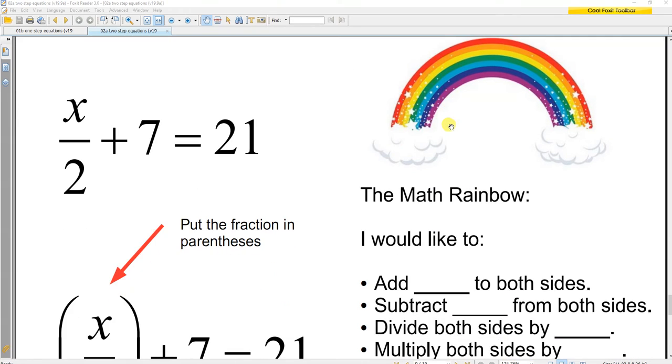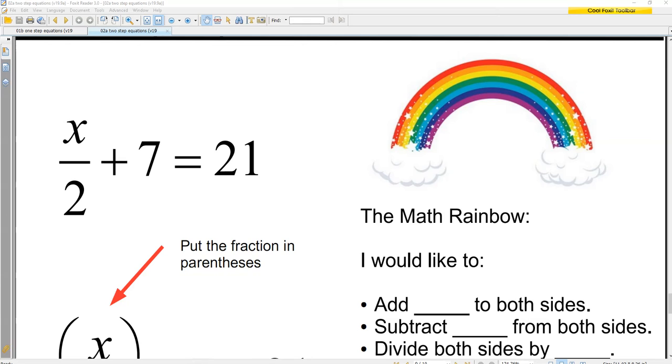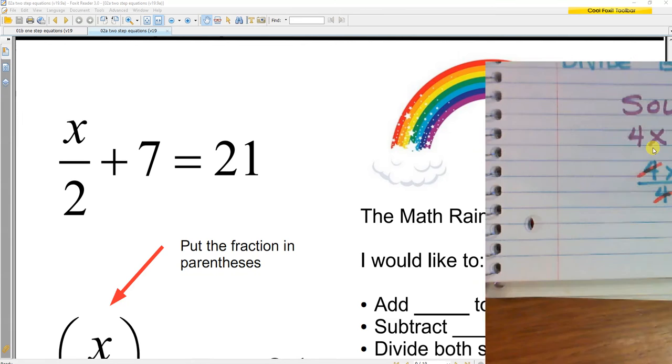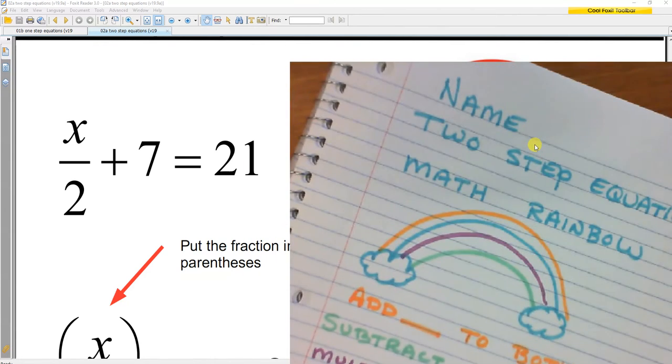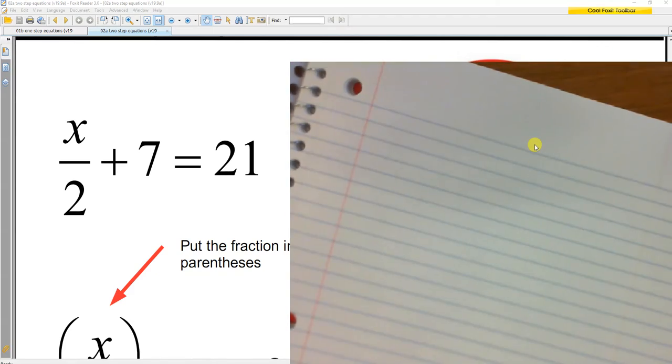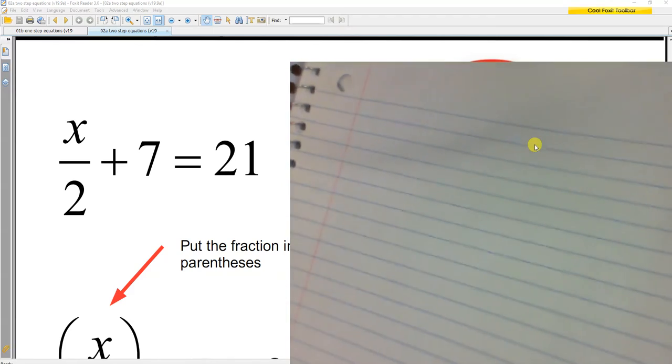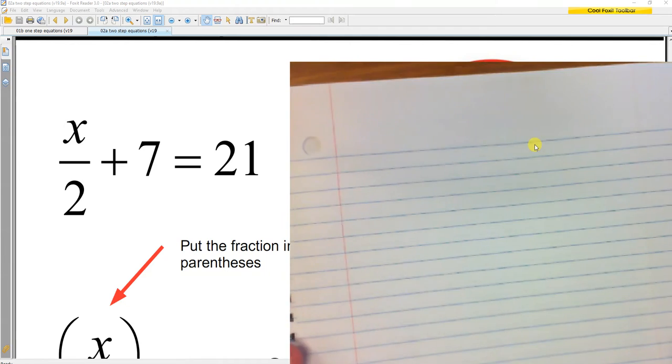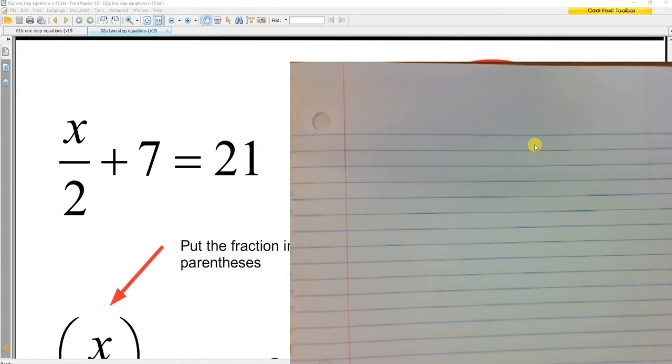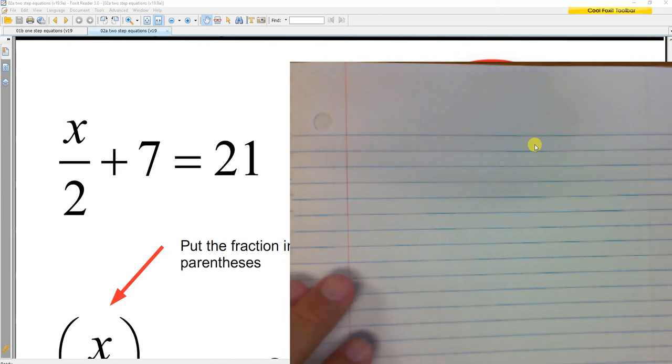This one we're going to do in our notes. We're going to solve x over 2 plus 7 equals 21.